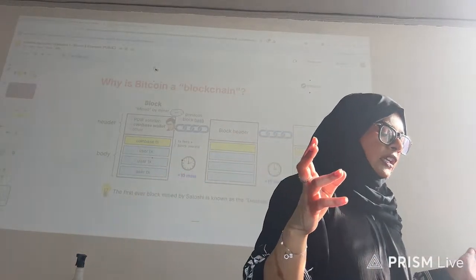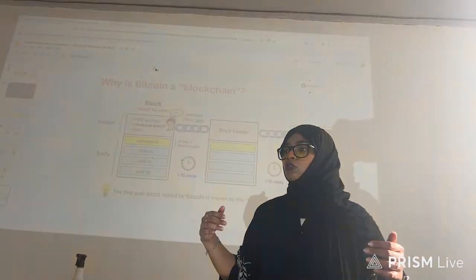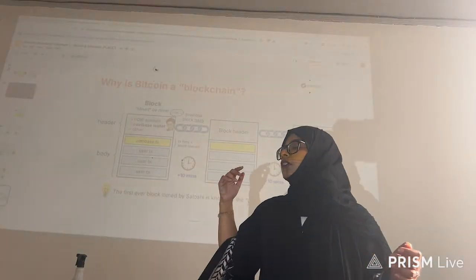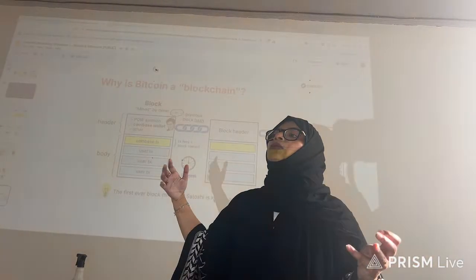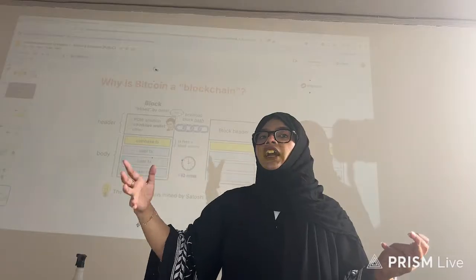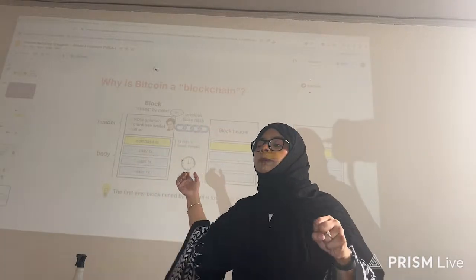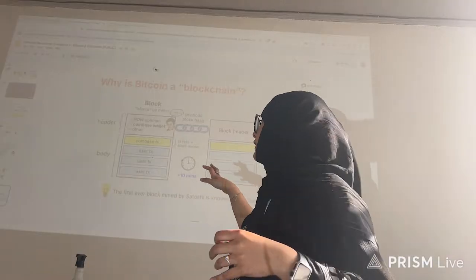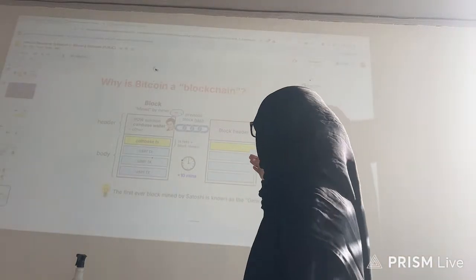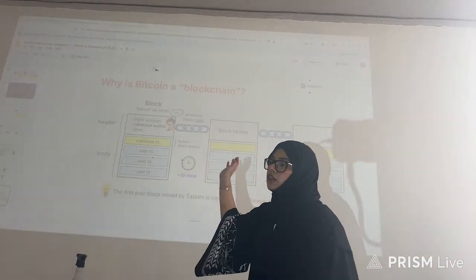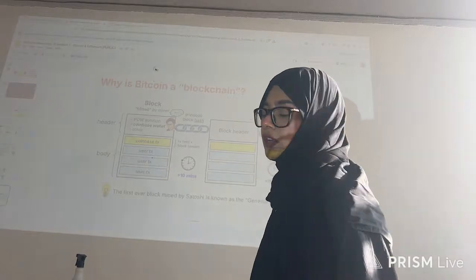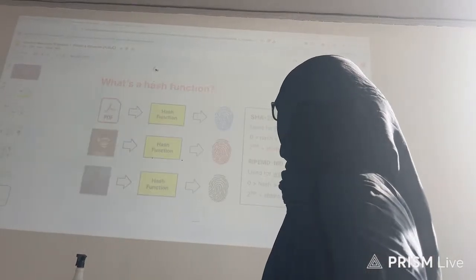Now, because the reward rate is cutting down, it's assumed that the transaction fee would become so much higher that it would motivate people to keep the network subsidy going. Apart from that, each block, like I said, holds the address of the previous block.